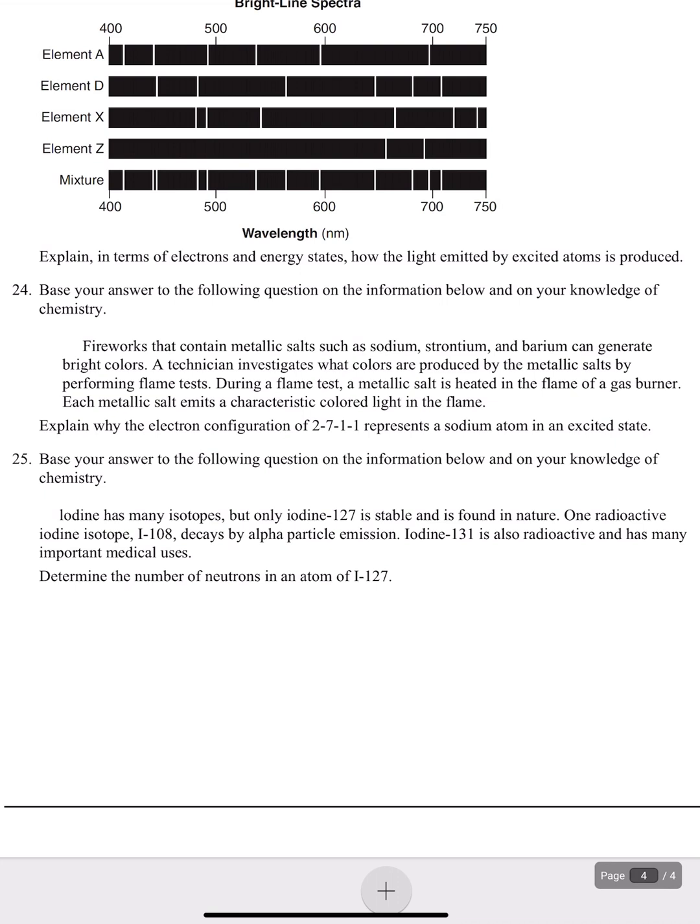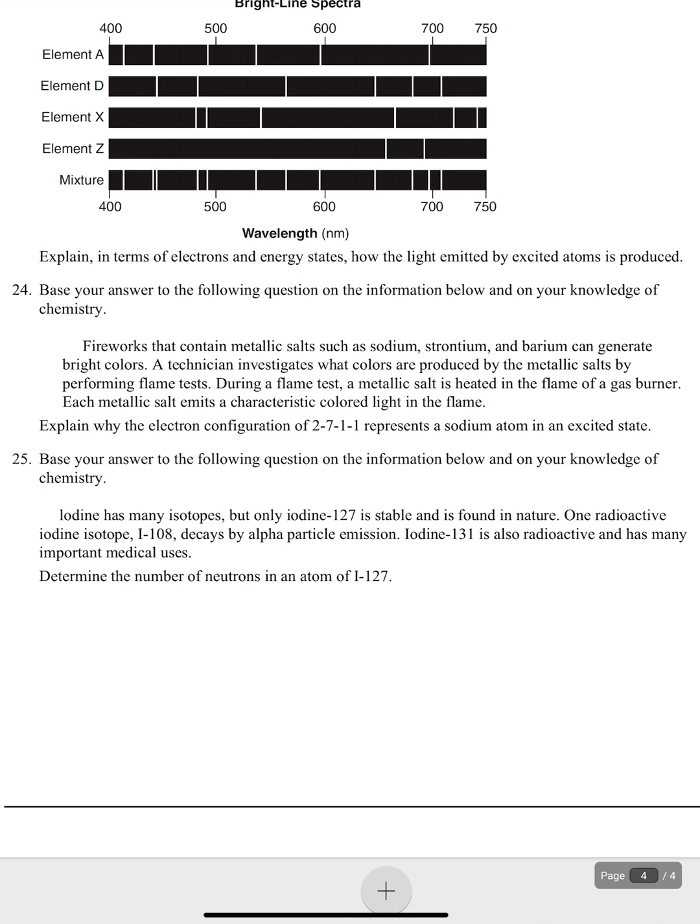You could also say the electron configuration represents a higher energy state than sodium's ground state, and then state the electron configuration of sodium, which would be 2-8-1. You could also say a second shell electron has moved to the fourth shell. Perfectly fine.